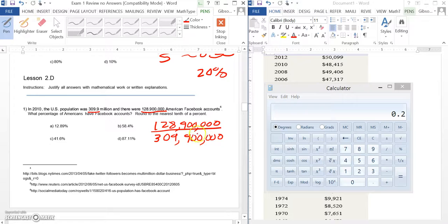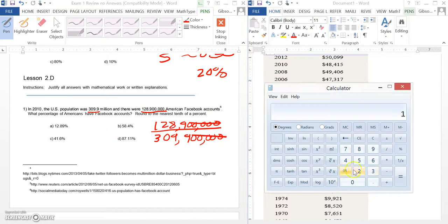Like I said before, for those of you that do not have a calculator that can type in this long of a number, you notice that both of these numbers end in 5 zeros. We could simplify out the 5 zeros. So then we could take 1,289 divided by 3,099, and that would give us 0.415 and so on. But it tells us to round to the nearest tenth of a percent.